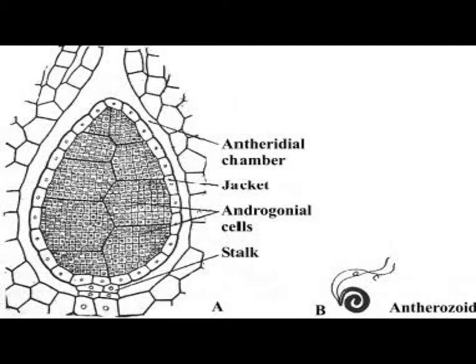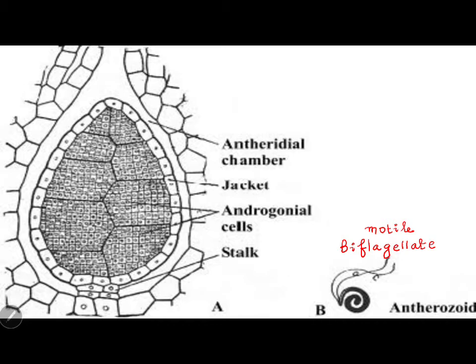As you can see, the anthrozoid looks a very intricate design, pretty artistic. Biflagellate anthrozoid, which is motile. So they come out of the Antheridium and enter into the archegonium.